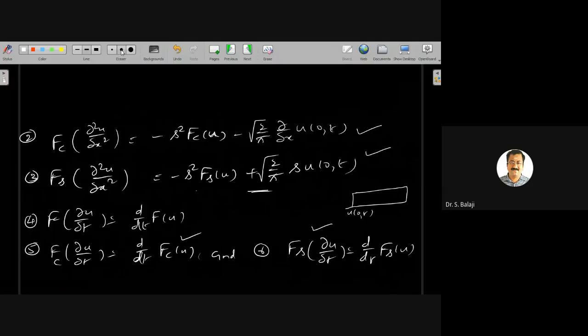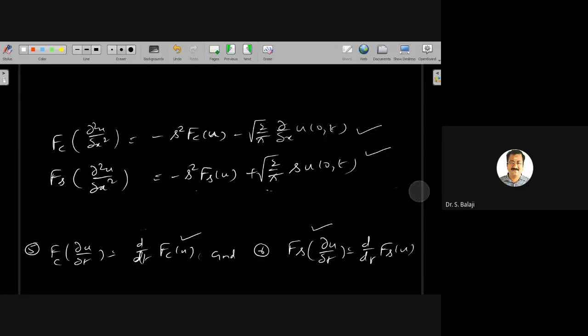This is result number 1 and 2, and there is no need of this one also. These 4 results are enough. This is result number 1 and then 2, and this is result number 3 and then 4.